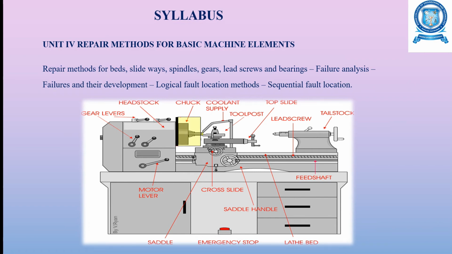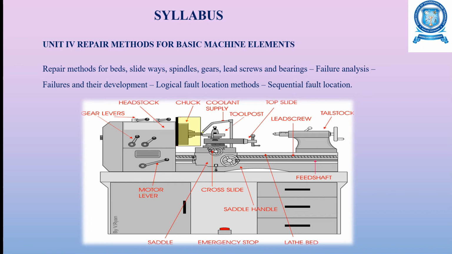In the fourth unit syllabus for the repair methods for basic machine elements, the students will be studying the repair methods for beds, slideways, spindles, gears, lead screws, and bearings, and the failure analysis and the failures and the development, like logical fault location methods and the sequential fault location.